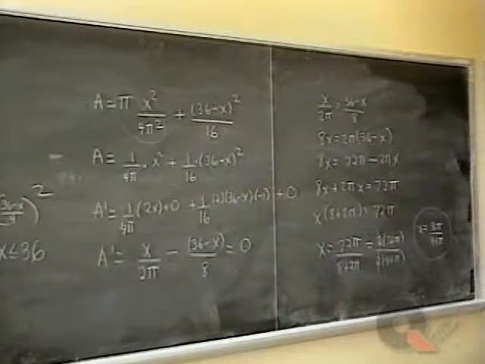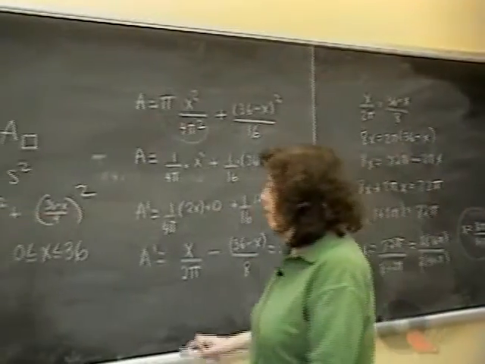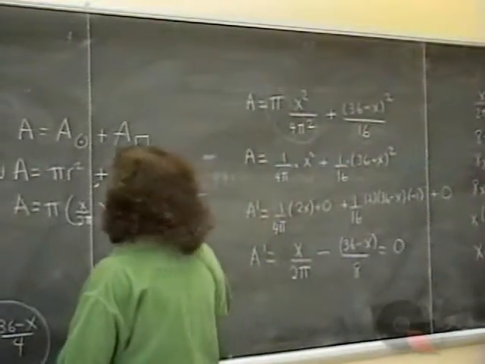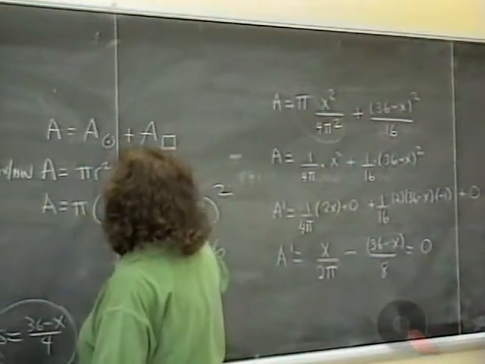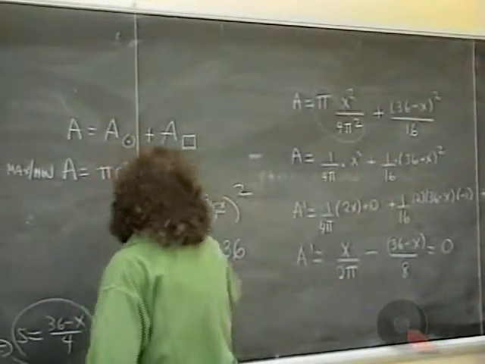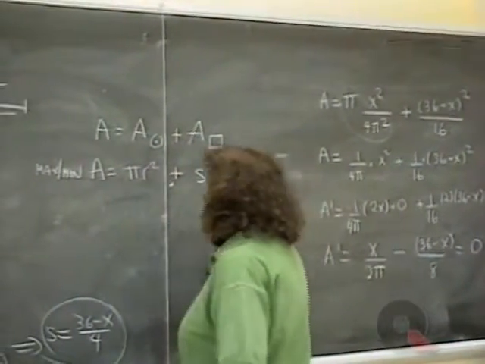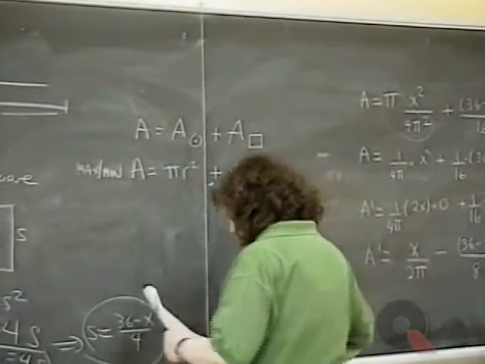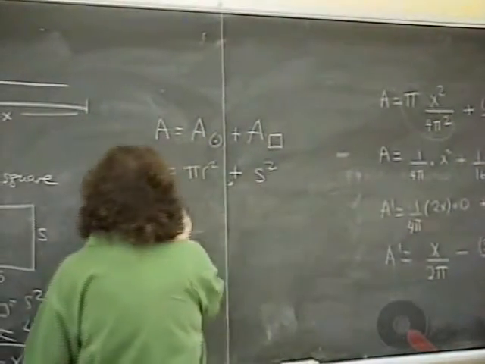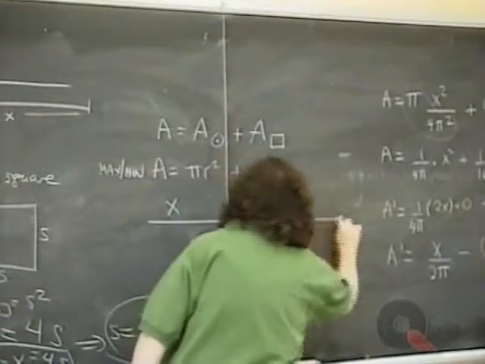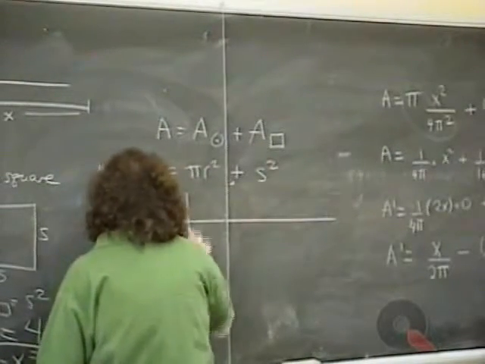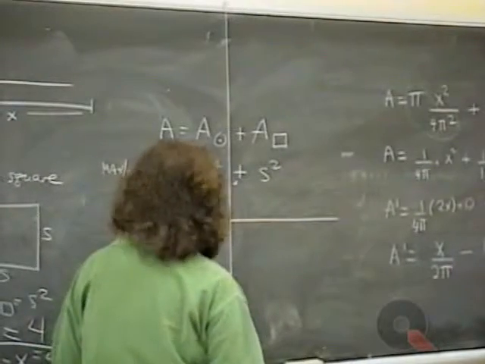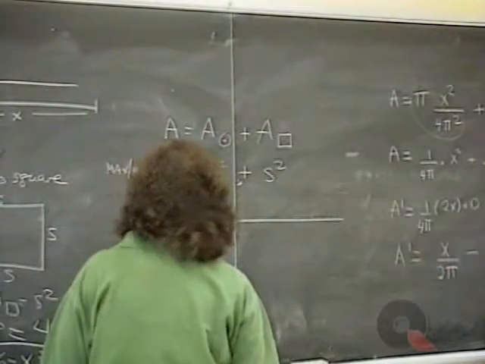Let's go back over here and make a little table. We're interested in maximizing and minimizing the area. We have to consider the interval. The interval, if you remember, ran from 0 to 36.